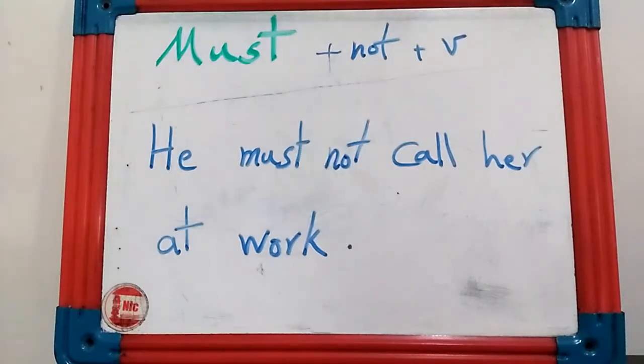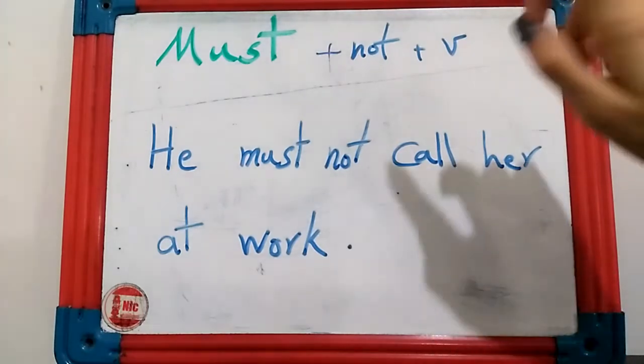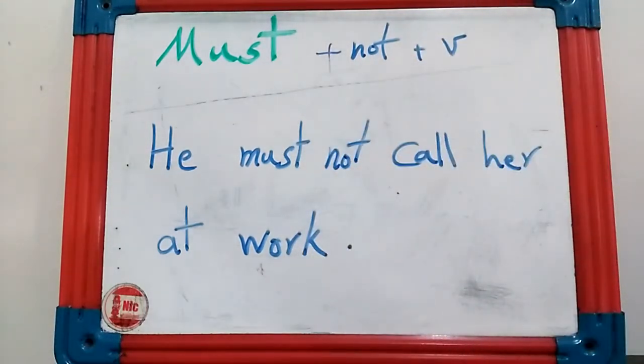You can't do something. It's necessary that you don't do it. یک جور ممنوعیت رو نشون میده. یعنی شما نمیتونید کاری که توی جمله گفته میشه رو انجام بدید. ضروریه که انجامش ندید. It's necessary that you don't do it. ضروری و واجبه که انجام ندید.